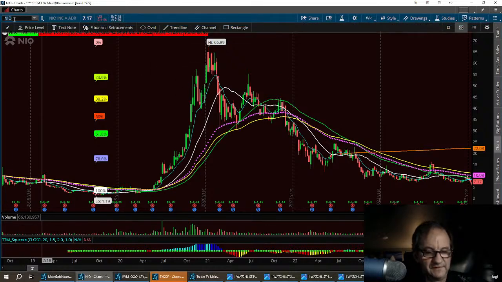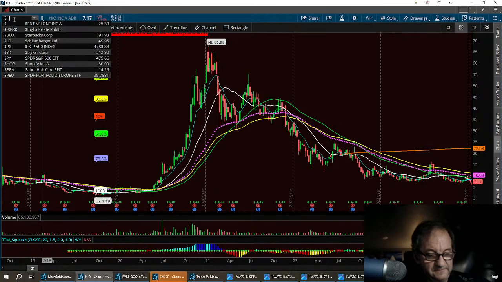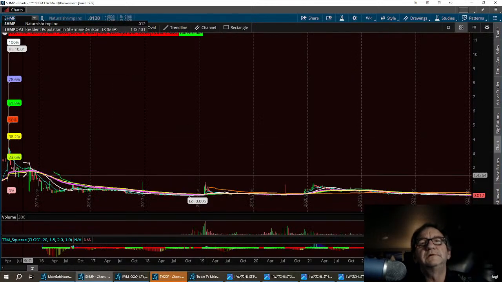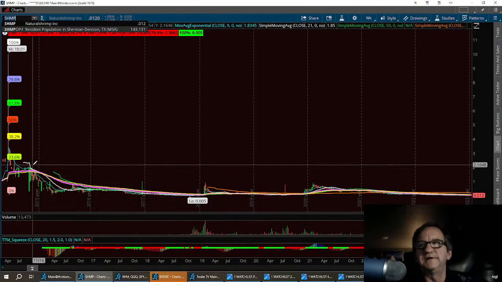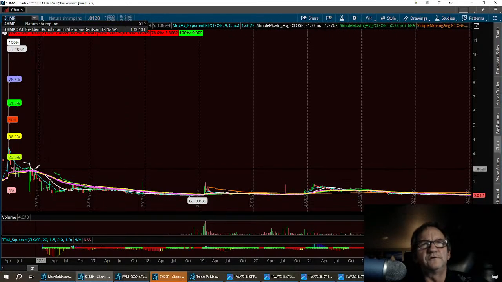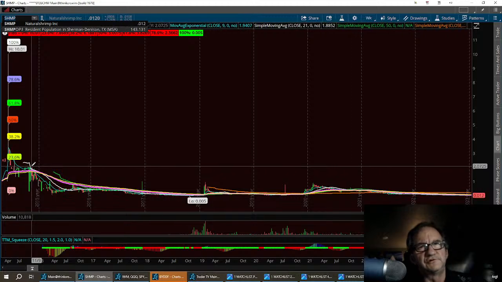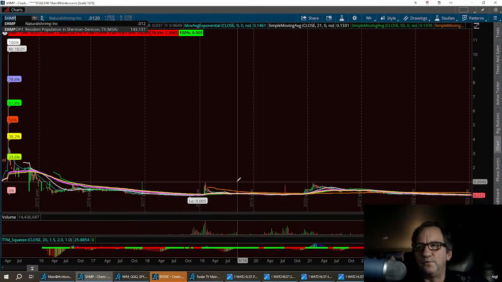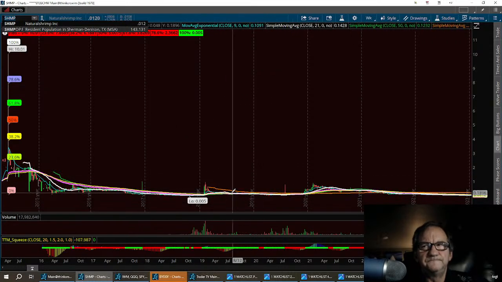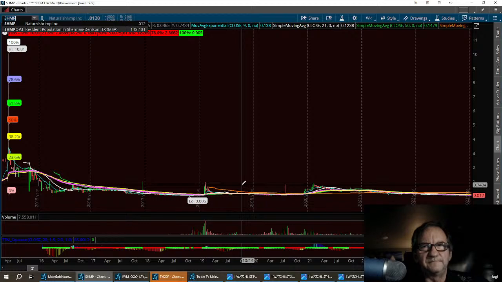SHMP was another one that we took. This has had a bunch of splits, but this thing ran up to $100. Now it's back down here to 0.012. It was back during clean energy, this pump on clean energy. So everything that had anything to do with clean energy, I've created a watch list off of it.